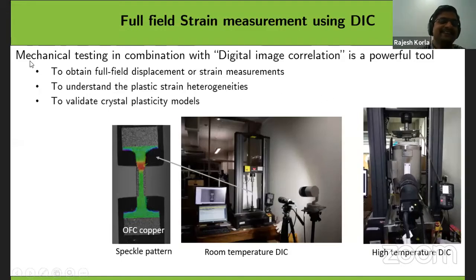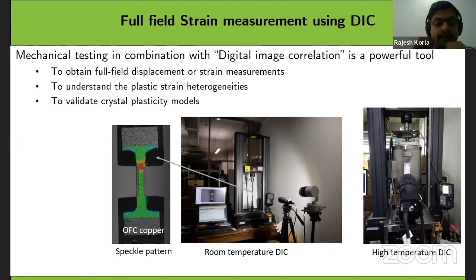Sorry. Yeah, no problem. So this is how you do DIC. This is a dog bone sample. Forget about this green color; this is software where we try to put some contours on that. But this is how the sample looks. We are putting a speckle pattern. Speckle pattern means we have to create a contrast image on the sample. For example, if there is a white background, you give a dotted pattern on the sample by spraying black paint.